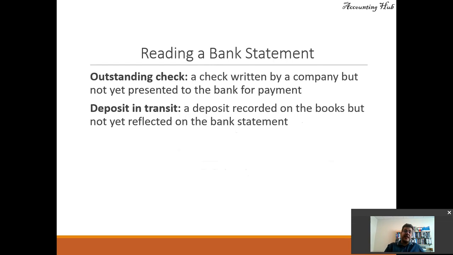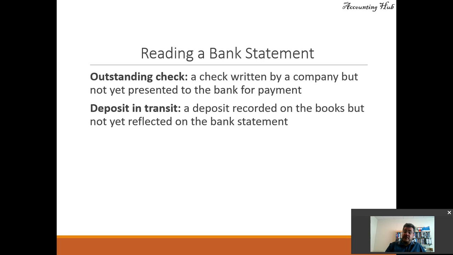What is an outstanding check? A check written by a company but not yet presented to the bank for payment. So I write a check, I record it in my accounting, however, it was not presented to the bank for payment at the end of the period that I am looking at my bank statement.